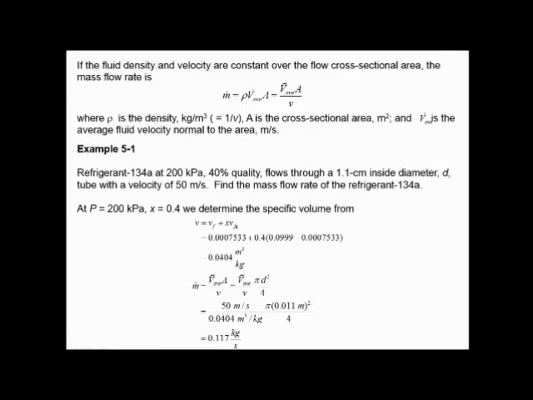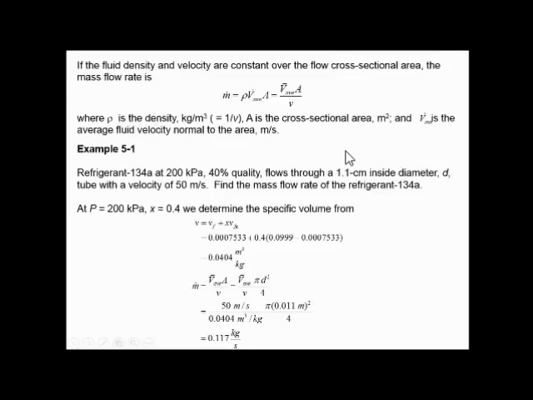Now with these two formulas, it is better to analyze them by doing numericals. In previous videos we have discussed pure substances, and in that we have read about the quality factor and several other things, so it has a small application in this part also. So the example is like this: the refrigerant 134a is at 200 kilopascal, the quality is 40%, that is the dryness quality, x is given as 40%.